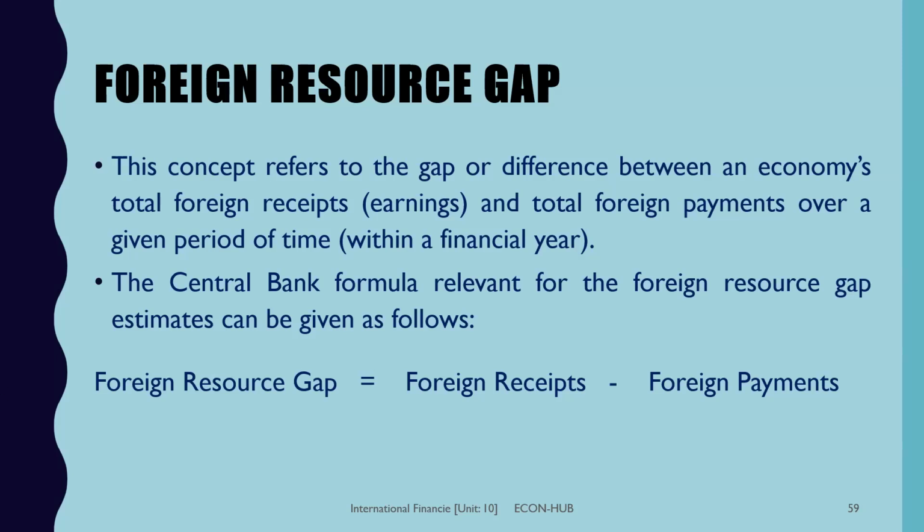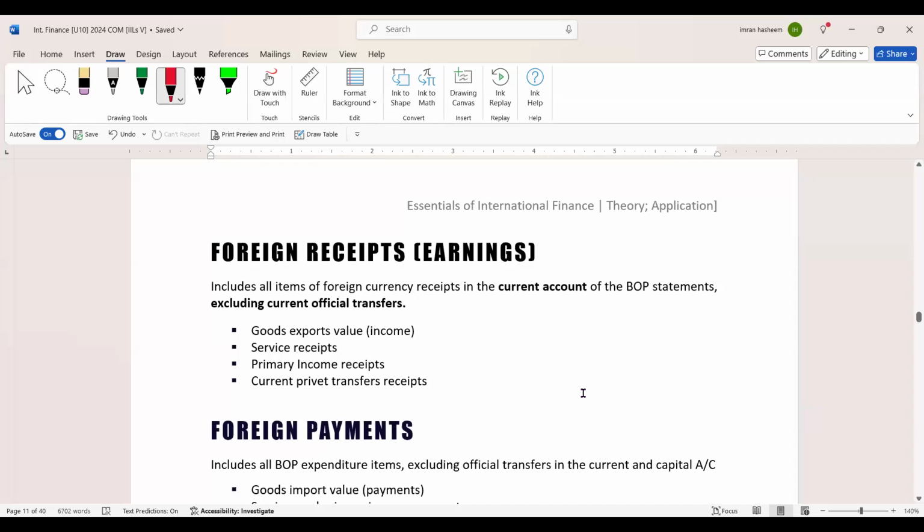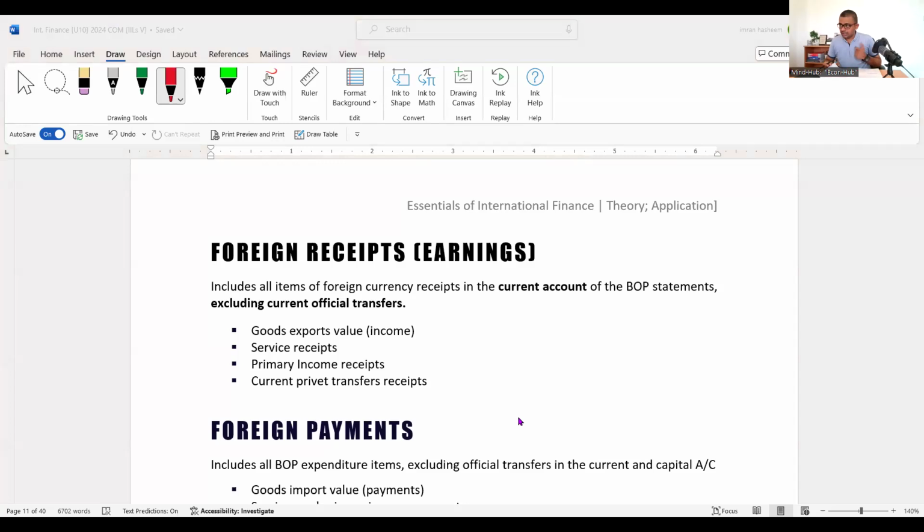Right. So let's move on then. In page number 19, I have outlined the receipts and, okay, right. In page number 19, I'll go to the study material for a bit. I have clearly outlined the receipts. Okay, I have outlined the receipts, earnings, and then the payments.